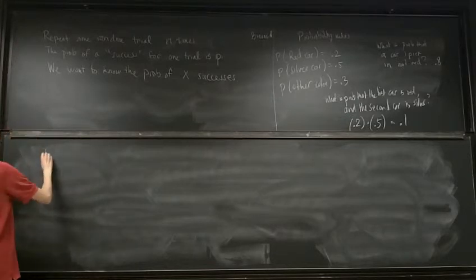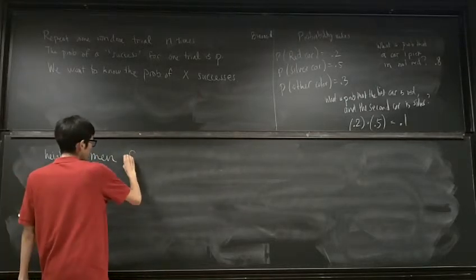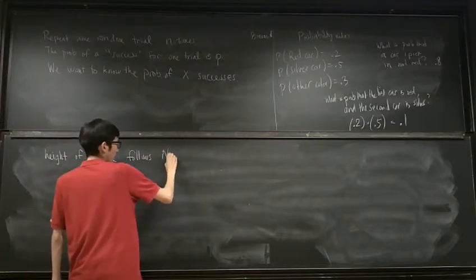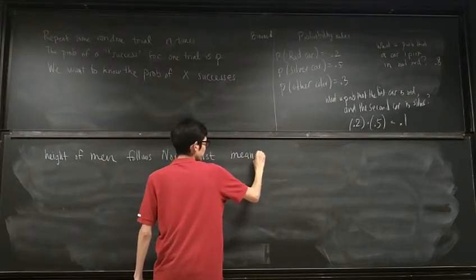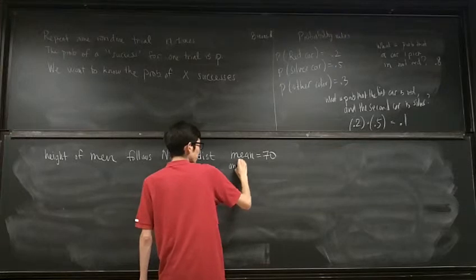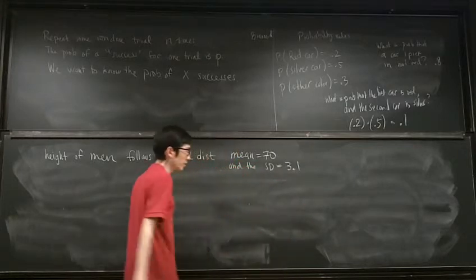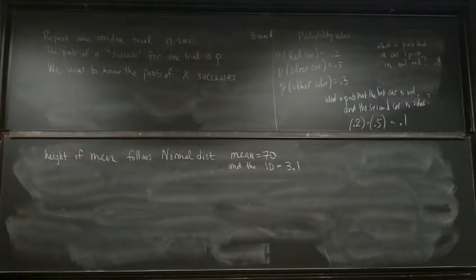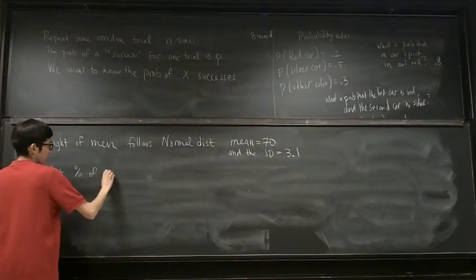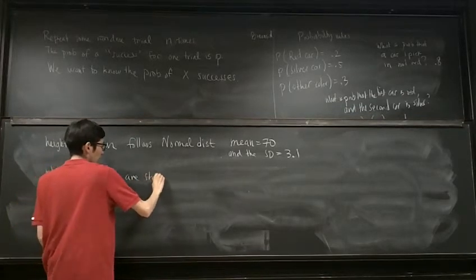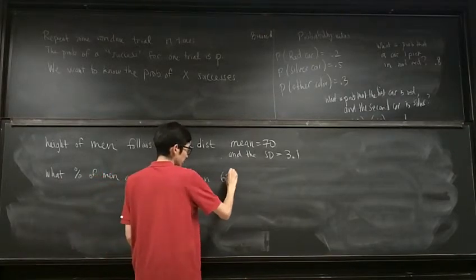Alright, say height of men follows a normal distribution. The mean is equal to 70, and the standard deviation is equal to 3.1. What percent of men are shorter than 5'8", so 68 inches?